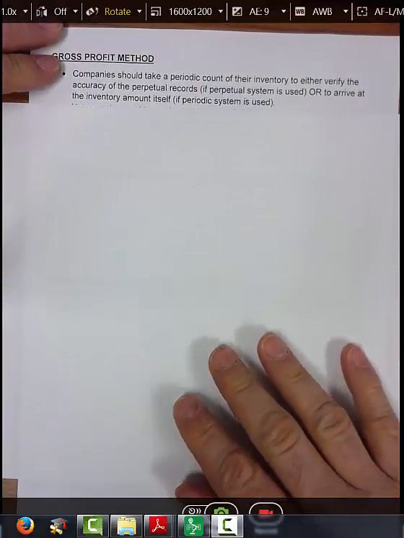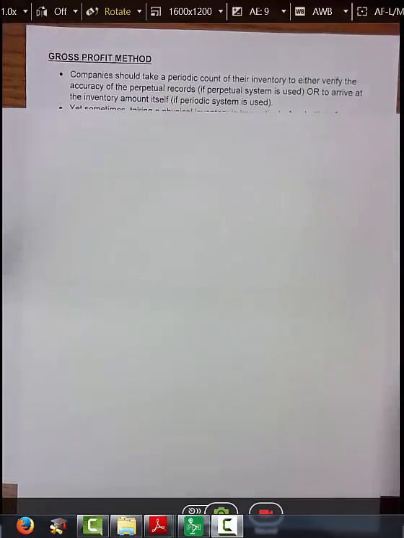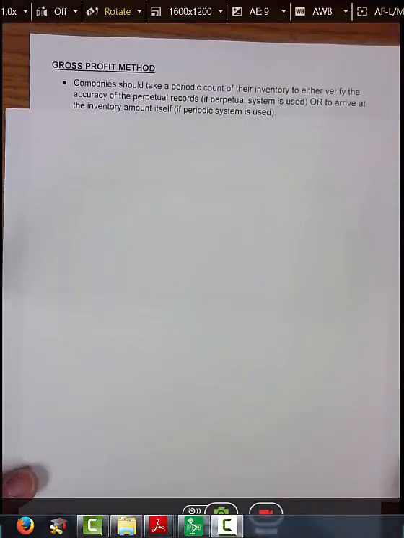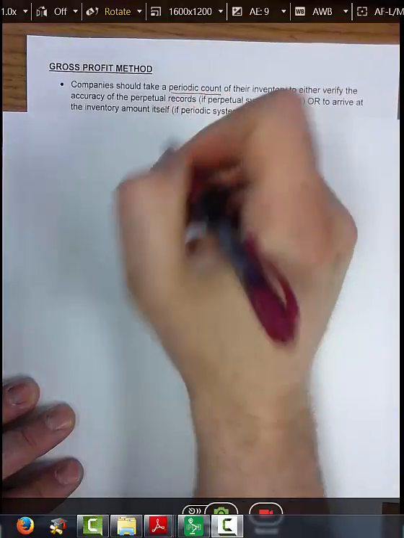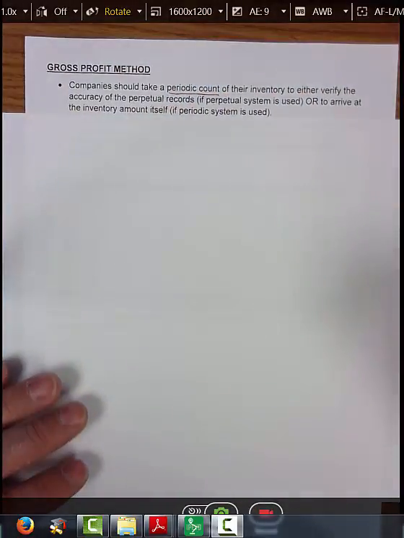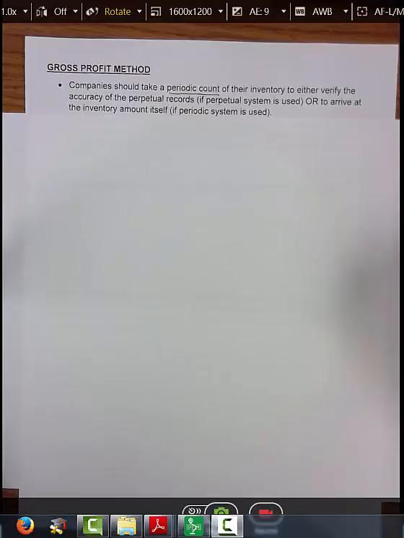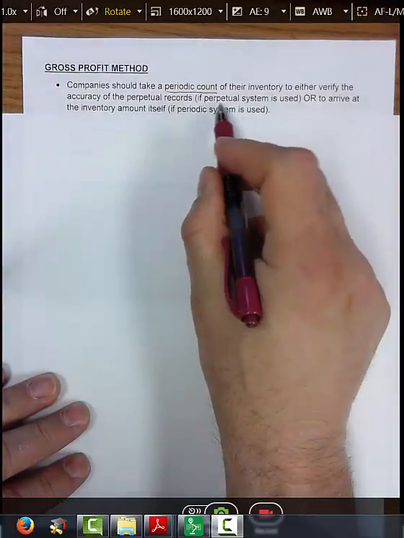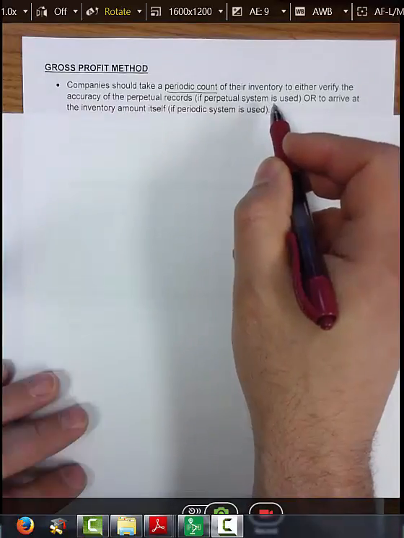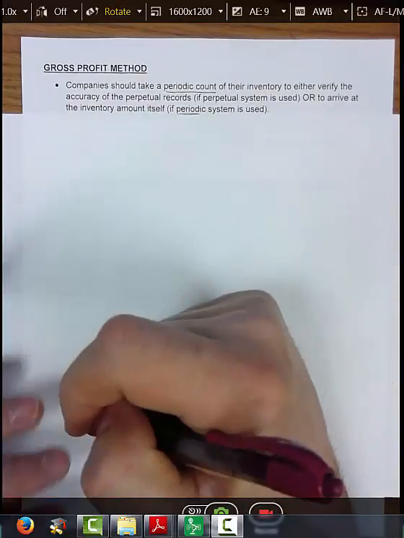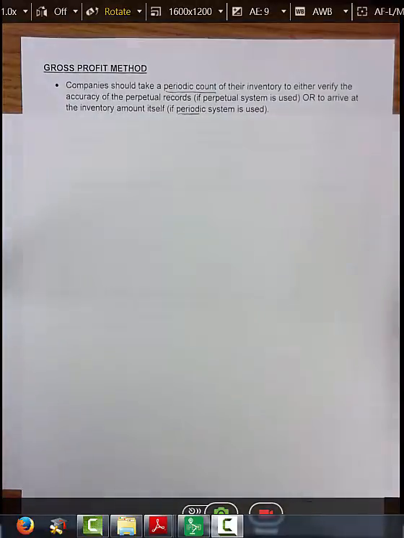Now we know from previous lectures that companies really need to take a periodic count of their inventory. They need to physically count their inventory to either verify the accuracy of the perpetual records if they use a perpetual system, or if they use the periodic system, to arrive at the inventory amount itself.